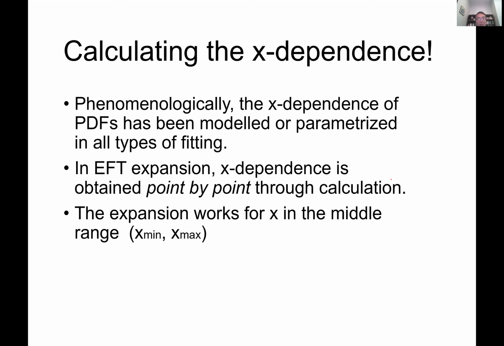Of course, I also have to remind you that the expansion only works in the middle region of x, that is, in between x min and x max, and only when pz goes to the infinity limit can you reach the full range between 0 and 1.